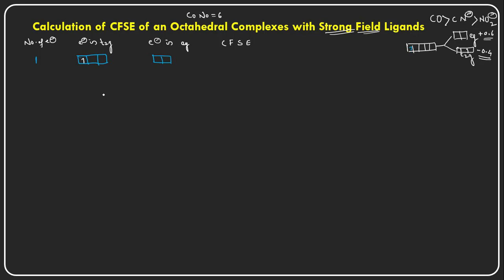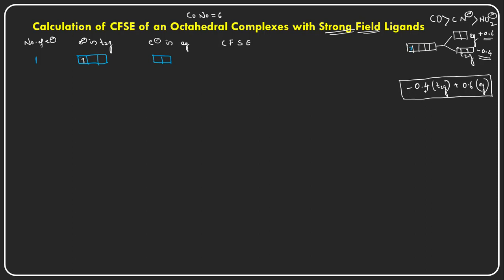So for the crystal field stabilization energy calculation, what will be the formula? Minus 0.4 times the electrons present in the t2g orbitals, plus 0.6 times the number of electrons present in the eg orbitals. This will be the formula, and we have to apply only this formula here.